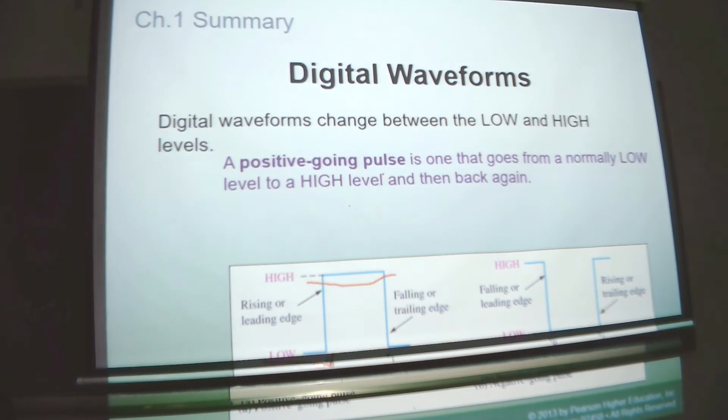A positive going pulse is one that goes from a normally low level to high level, and then back again. This is called a positive going pulse. Its value is first low, then goes to high level.